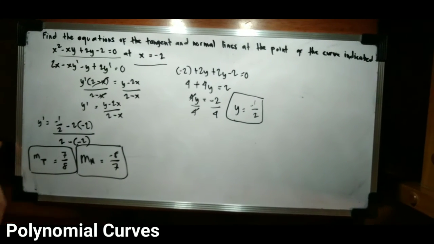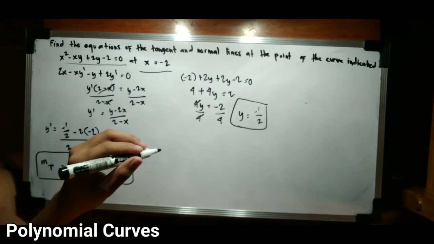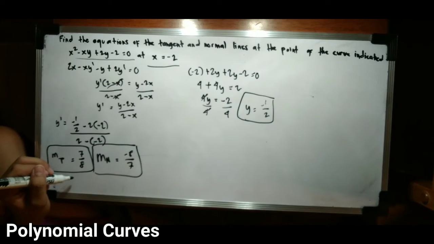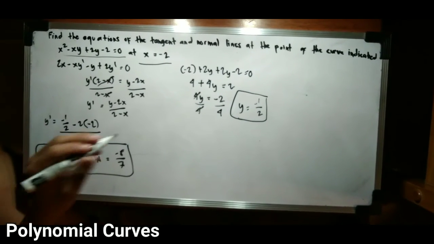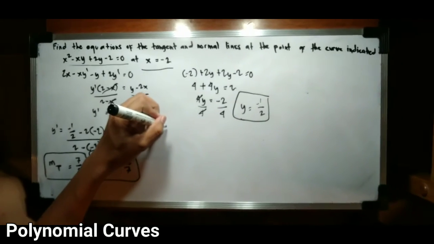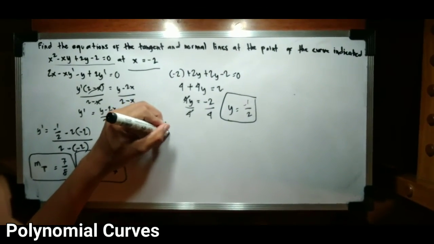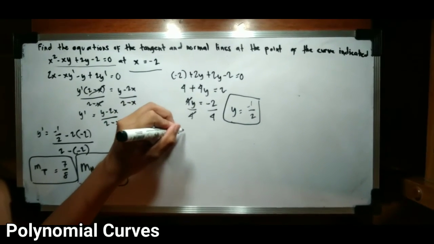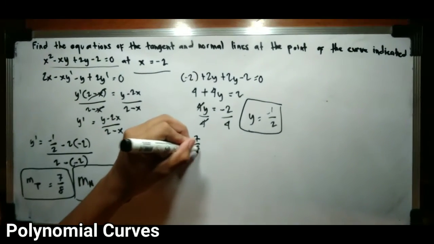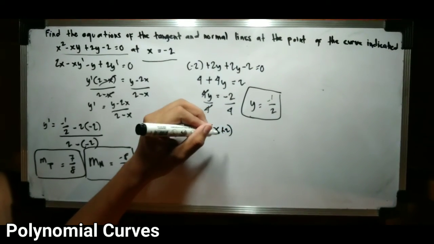So we will now find the equation of our tangent line. We will use the slope of our tangent line, 7 over 8. So this will become y plus 1/2 equals 7 over 8 times x plus 2.